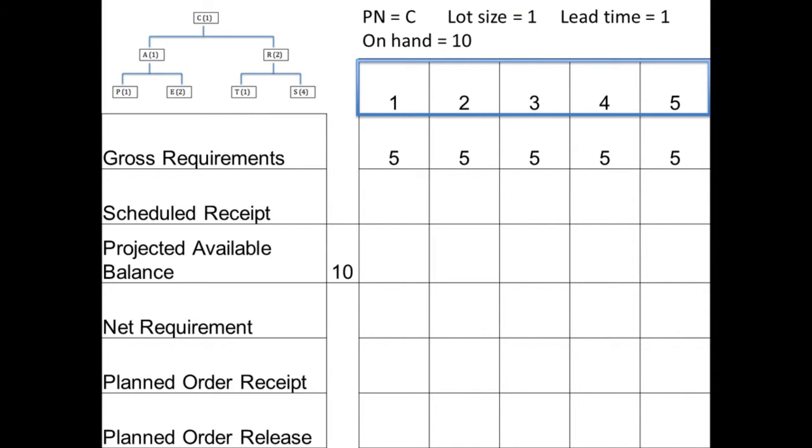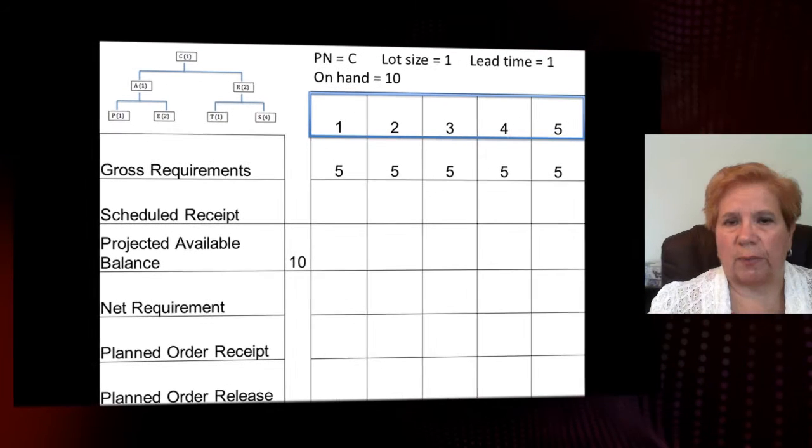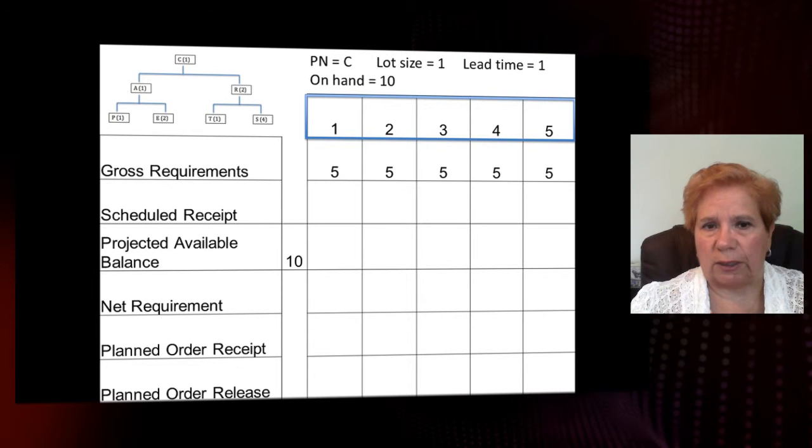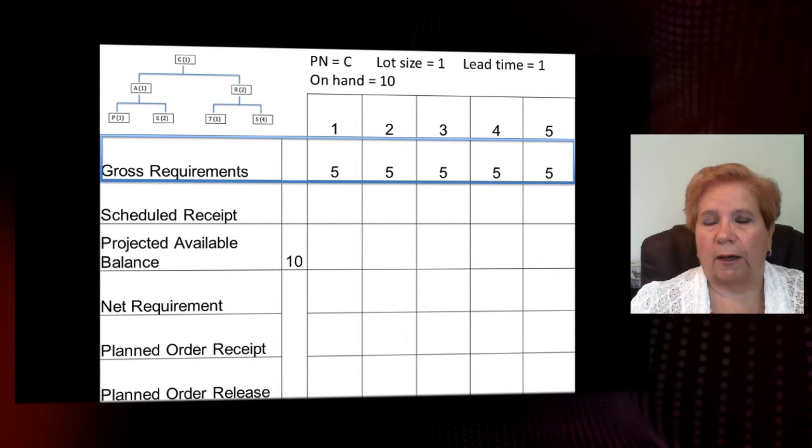Across the top, we have our time periods. Now these could be weeks or months or days or hours, but for learning, these are our time periods that we're going to be using. We also have our gross requirements.